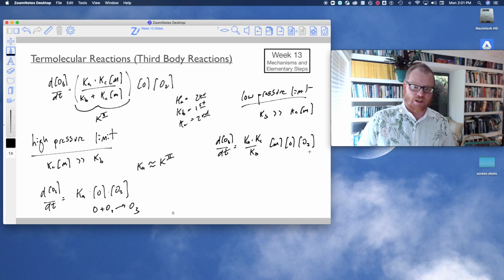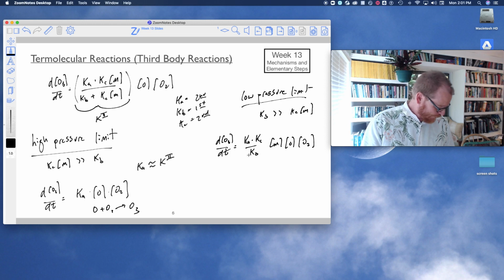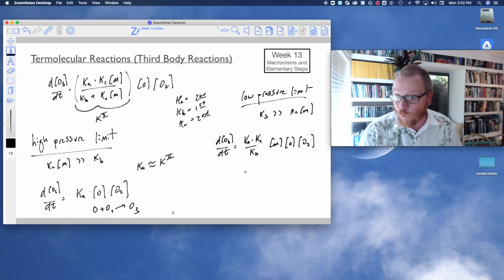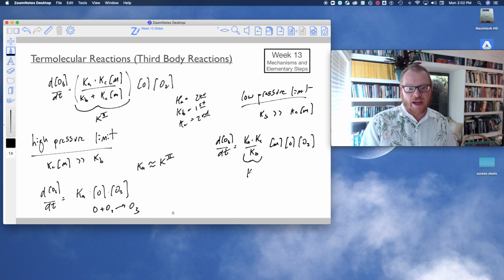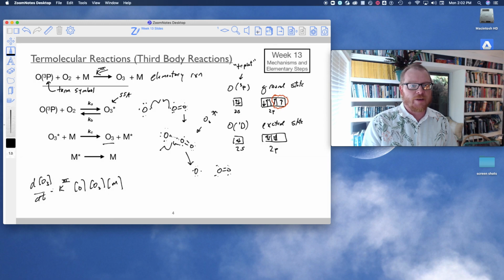If we look at this here, in our units, a second order rate unit times a second order rate unit divided by a first order rate unit gives me a third order rate. So in other words, Ka times Kc divided by Kb just looks like this K123, which I described previously right here, right?